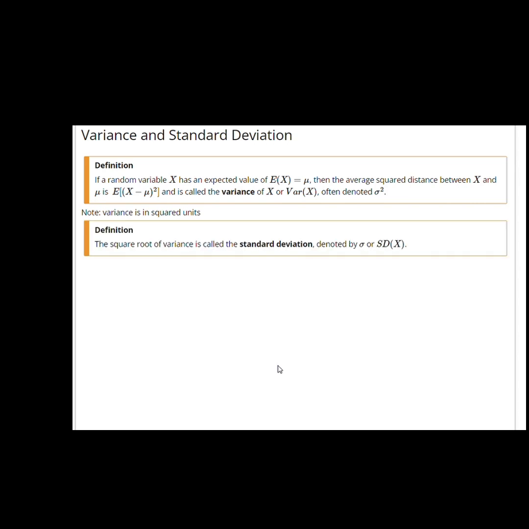To remedy this, we often use the square root of the variance, called the standard deviation, denoted by sigma. The units for standard deviation are now consistent with those of the original measurements. So again, if x were measured in kilograms, then the units for variance would be kilograms squared, but the units for standard deviation would be identical to the original, kilograms.